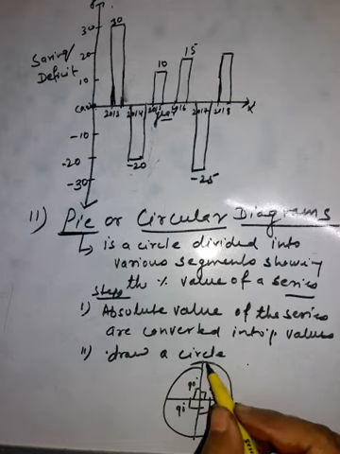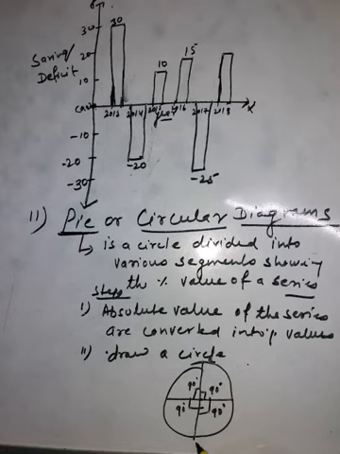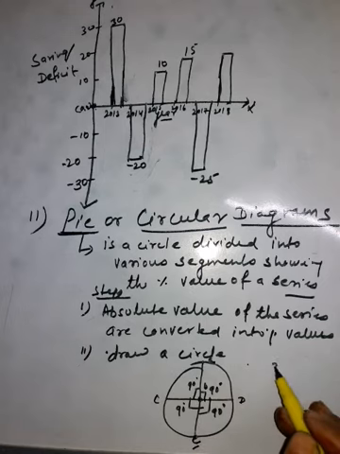Suppose that is A, then B, then C, then D, then E. Okay, if you add all the angles, that should be 360 degree. Suppose first this angle ABD will be 90 degree, then ABC 90 degree, then DBE also 90 degree, then CBE is 90 degree. If you add up all those angles, we will get 360 degree.